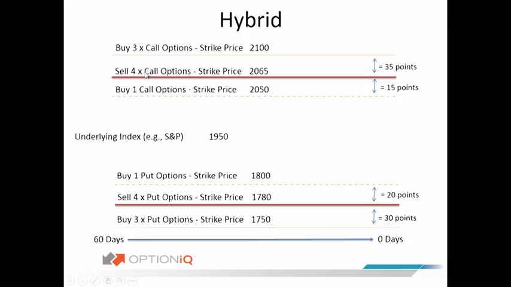We're selling 4 call options. Notice we cannot sell just one of these. We have to sell a minimum of 4. We're selling 4 of them at the 2065 call strike price. At the same time, we're selling 4 puts at the 1780 strike price. Now, that's just selling options. So we've sold our boundaries, following all the rules.